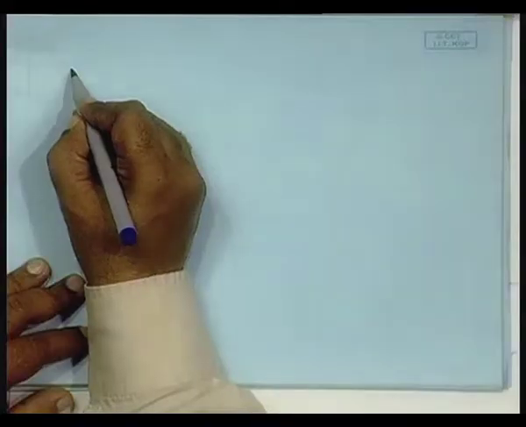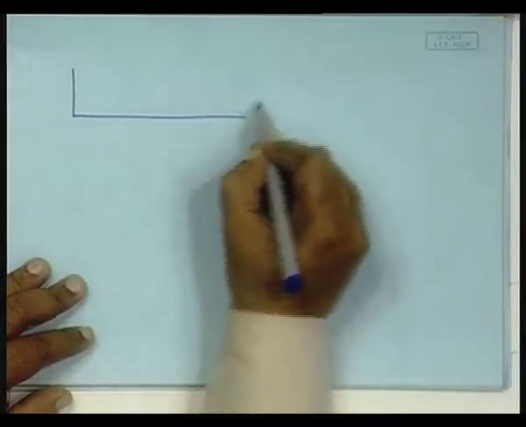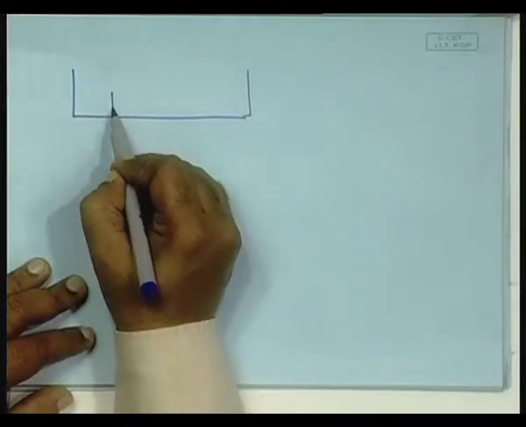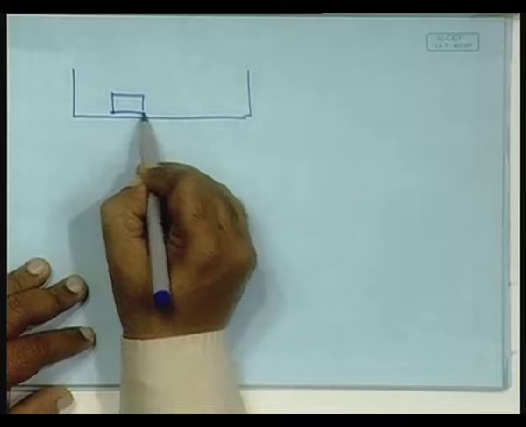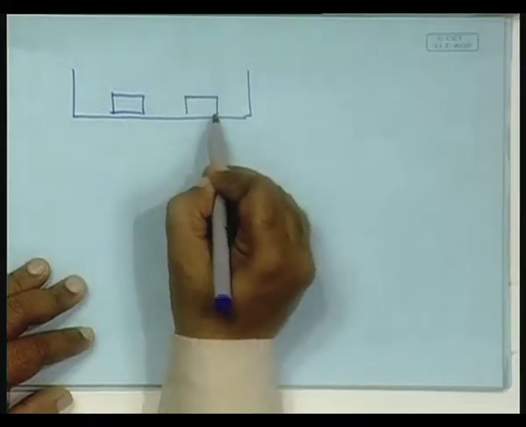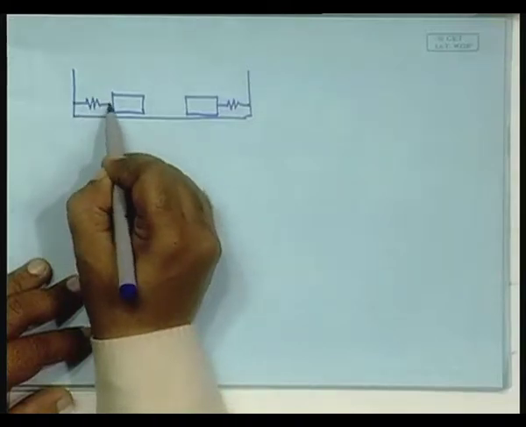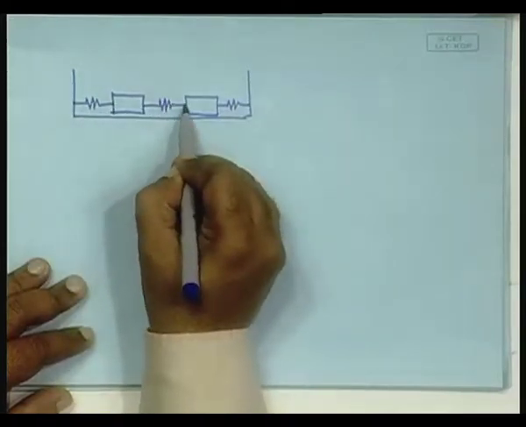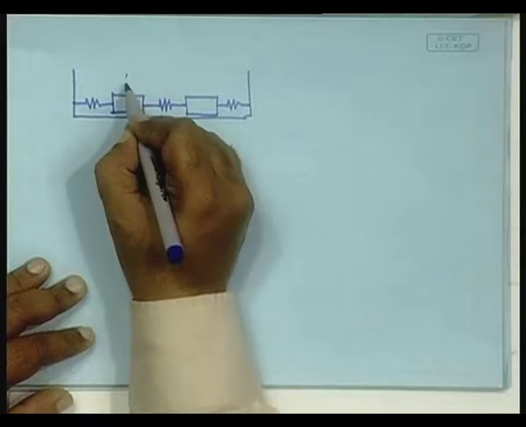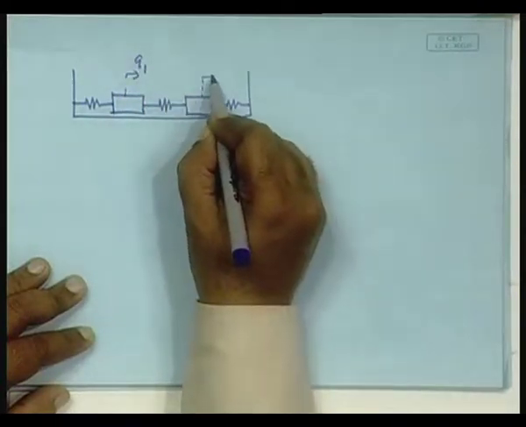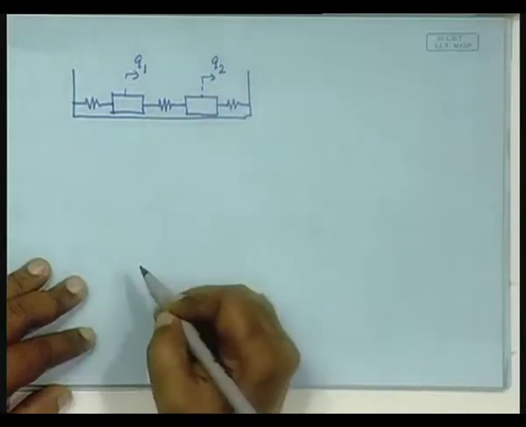First, we had already considered this system, a two-dimensional oscillator. There are two position coordinates q1 and q2.